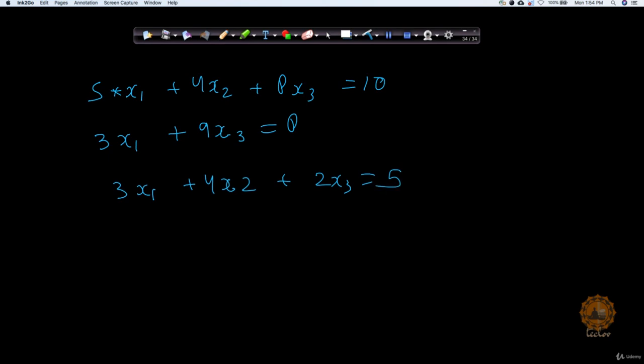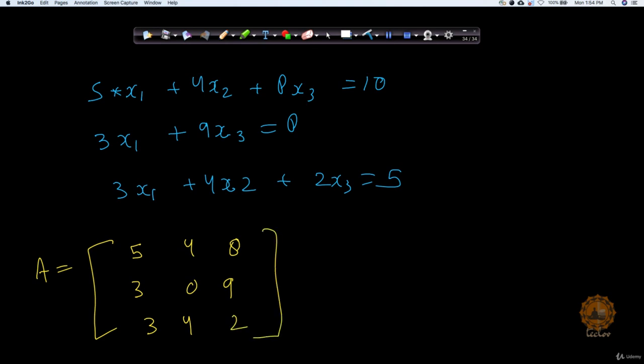Now how can I represent this in a matrix and work on it? My matrix is gonna be 5 4 8, 3 0 9, 3 4 2. These are the values which I can represent in my A.